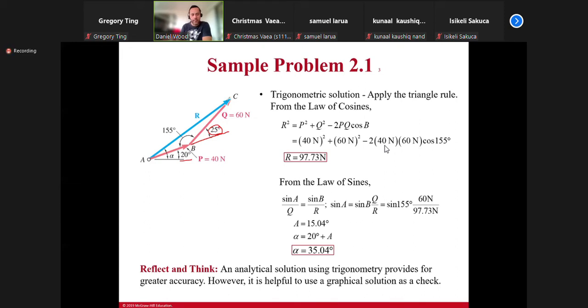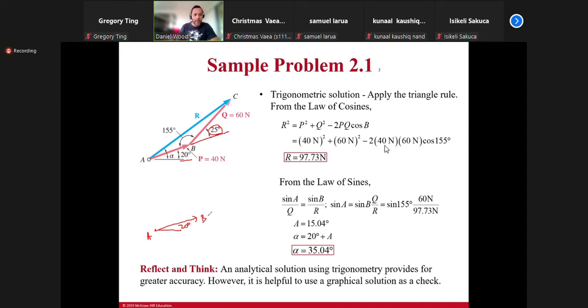So I extend it. And we know that that's 60 newtons. This is 40 newtons. And so I can draw the resultant. And all of this doesn't have to be to scale. This can be just done on a piece of paper, just like I'm doing. So I could come in here and I can just write, there's A. I draw to point B, and this angle here is 20 degrees.